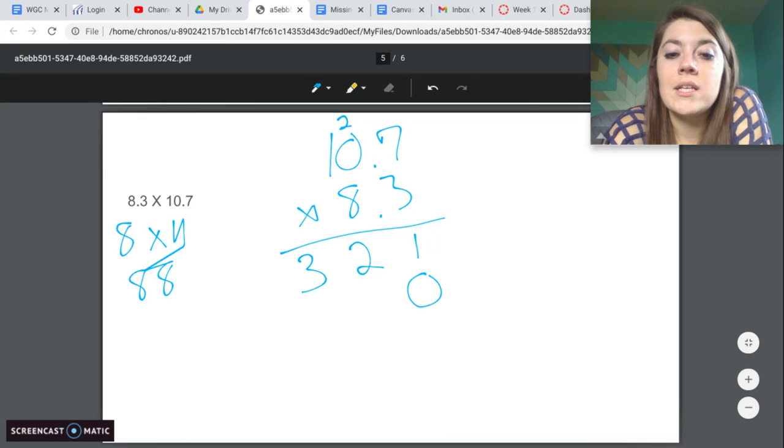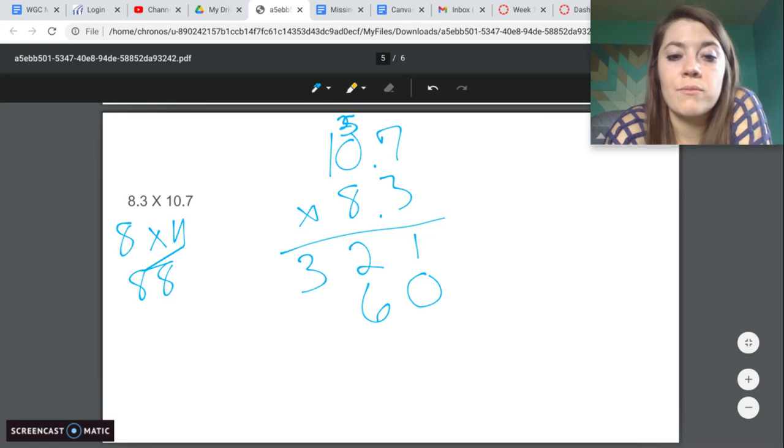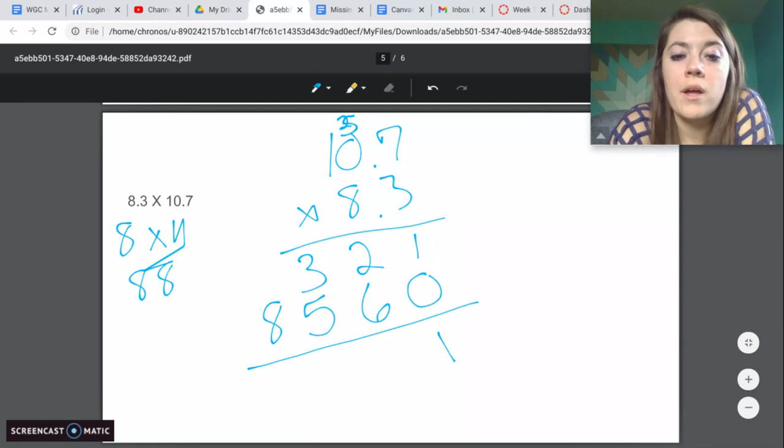8 times 7 is 56. Put the 6 down, carry the 5. 8 times 0 is 0, plus 5 is 5. 8 times 1 is 8. Now we add these together. 1 plus 0 is 1. 2 plus 6 is 8. 3 plus 5 is 8. And nothing plus 8 is 8.